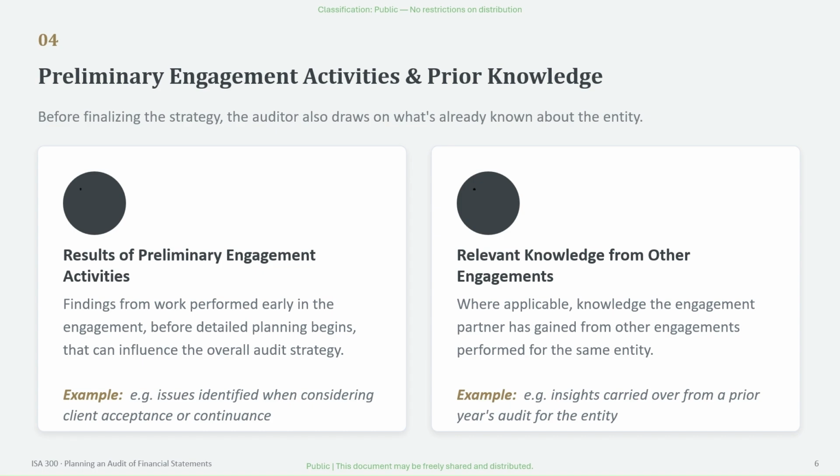Second, relevant knowledge from other engagements, whatever the engagement partner already knows from other work they have performed for this same entity. For example, insights carried over from the prior year's audit. Bringing this knowledge in early means the strategy is built on what the team already knows about the client, not from a standing start.